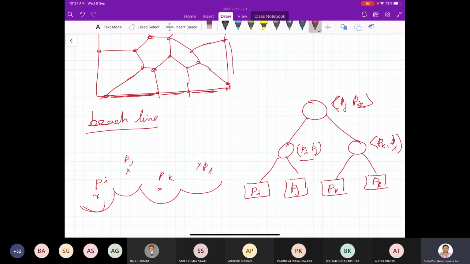So basically these pairs in the internal nodes represent a Voronoi vertex, not a Voronoi edge. The intersection between the parabolas Pi and Pj is a point on a Voronoi edge. That is actually what is there in the internal node.